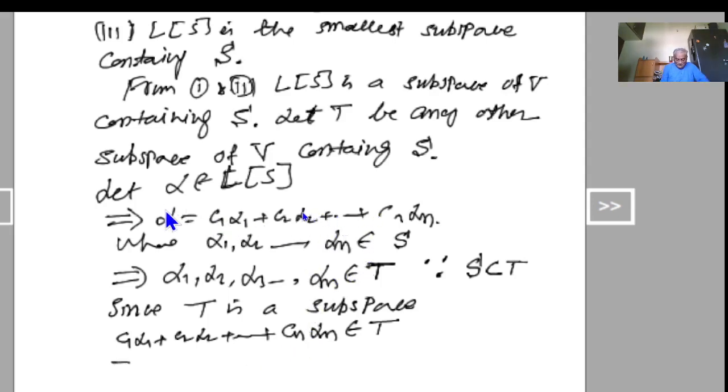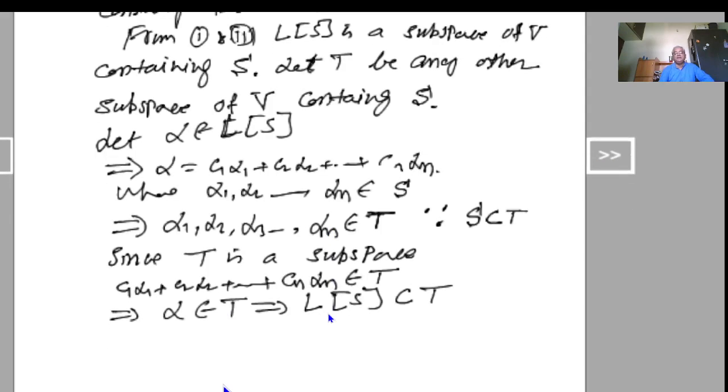So alpha belongs to T. We have taken alpha belongs to L of S, and finally proved that alpha belongs to T. This implies L of S is a subset of T.